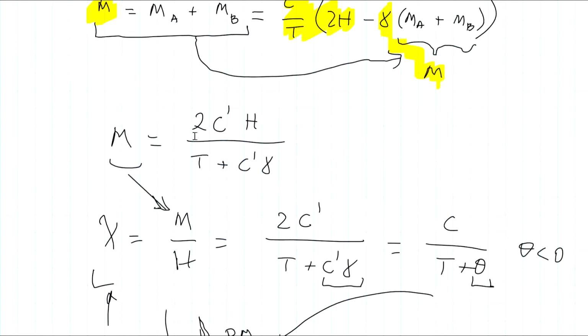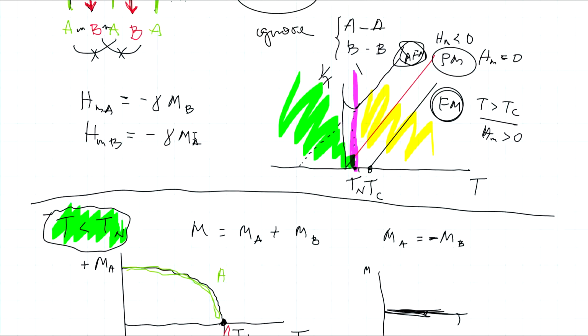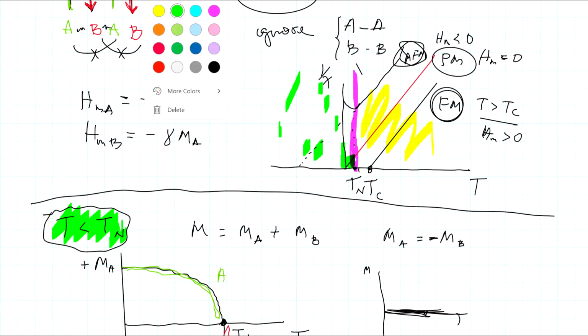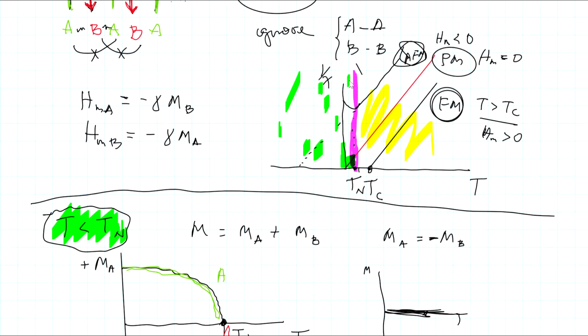Let me again go back, I apologize for this fast scrolling. We are looking at this green part. I'm using the medium eraser and erasing this. It's important to understand that we are dealing not with negative temperatures, but we are dealing with this part here.